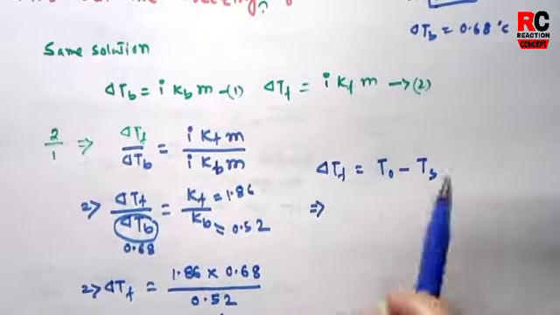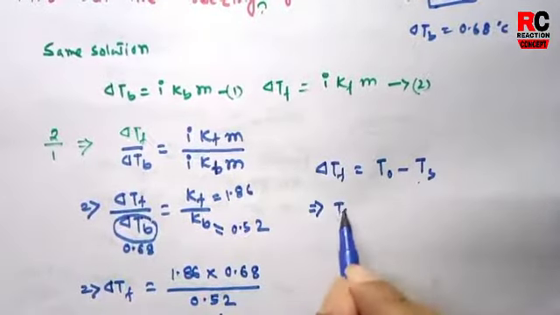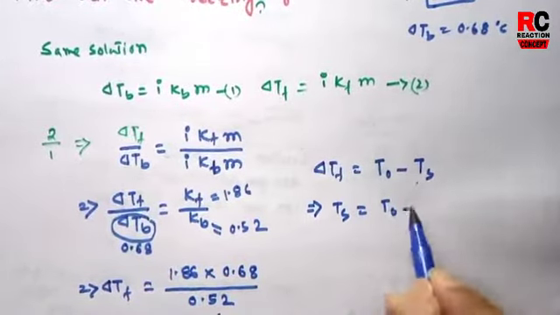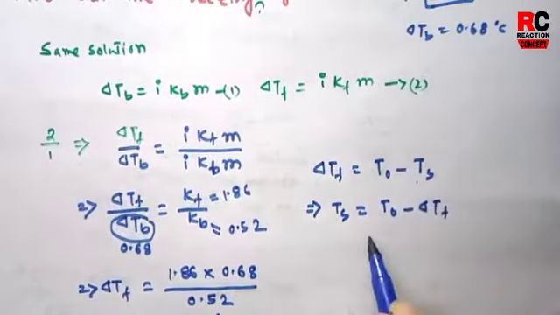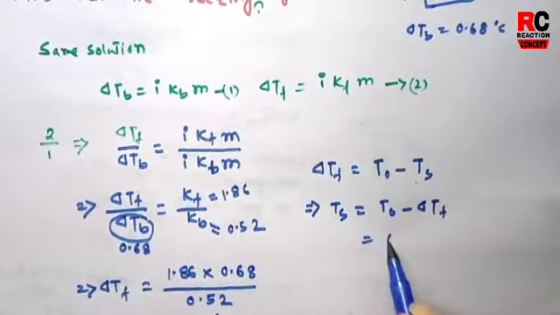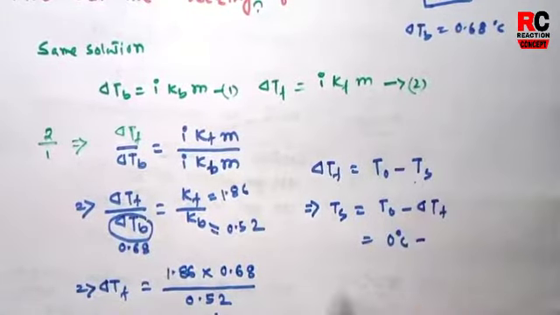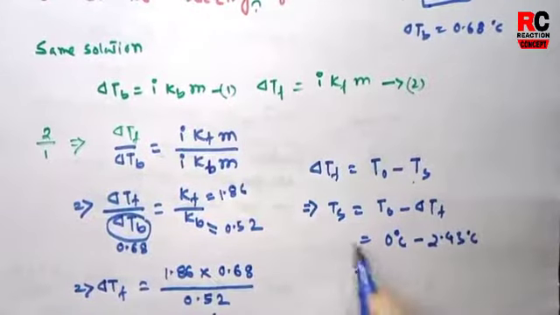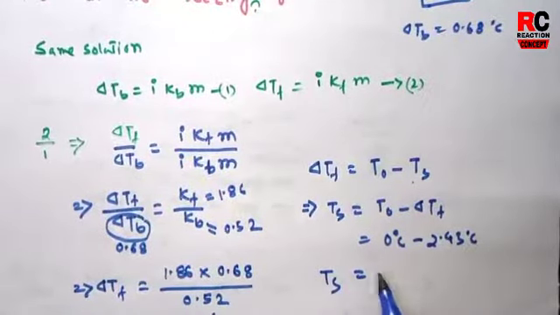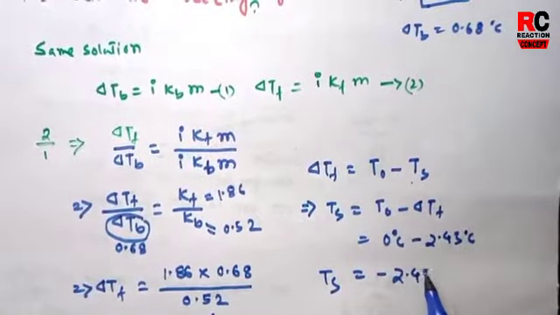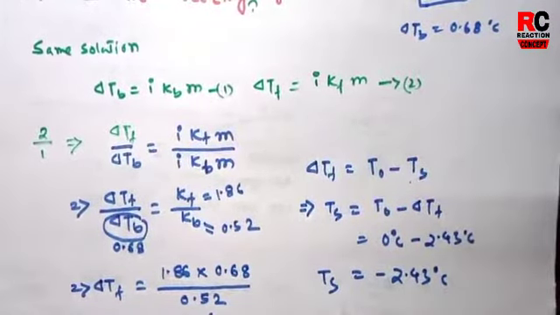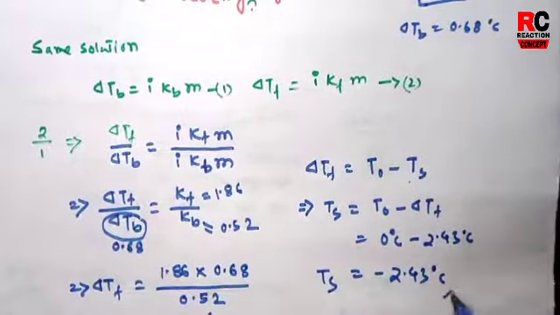So the freezing point of the solution would be the freezing point of the solvent minus ΔTf. For water, the freezing point is 0 degrees Celsius minus 2.43 degrees Celsius. So the freezing point of this solution would be minus 2.43 degrees Celsius. So this is the answer.